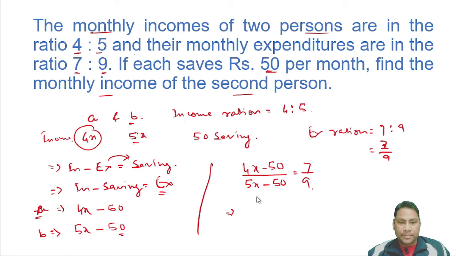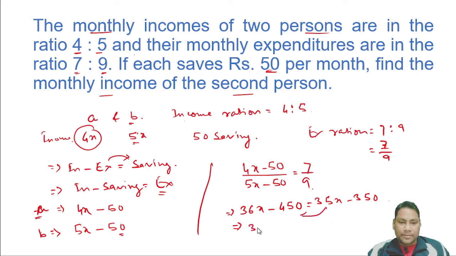This will become 9 times 4x is 36x, 9 times 50 is 450, 7 times 5x is 35x, 7 times 50 is 350. Now I will take 35x to this side.